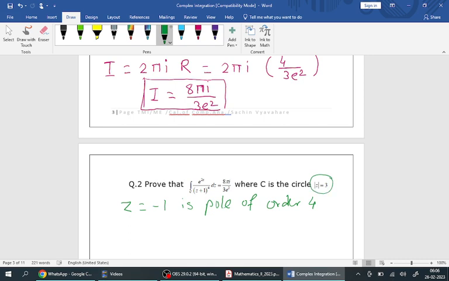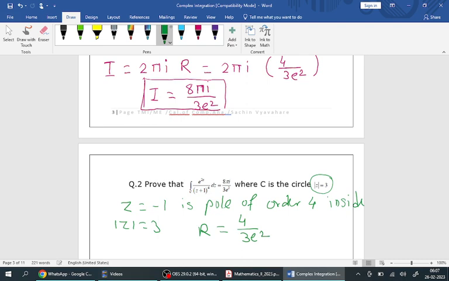If we take any circle of radius strictly greater than 1, then the value of this integral always remains 8 pi i upon 3 e square, because there is only one pole in the denominator and that is already covered in that circle. So this pole is also inside mod z equal to 3, and if you calculate the residue here with exactly the same calculation, you will get the same answer, 4 by 3 e square.